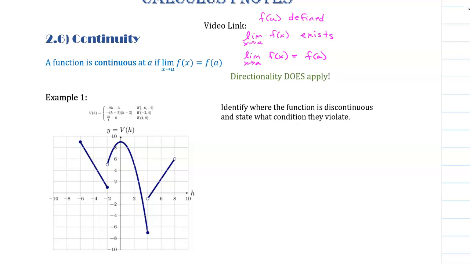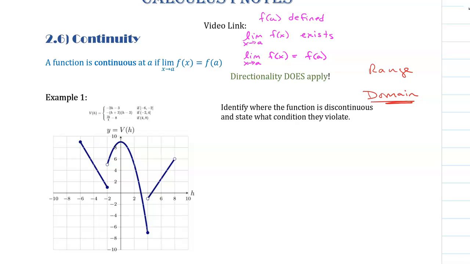So what does discontinuous mean? Well, there's a couple of different ways you can think about it. Most cases they're talking about the domain, but you can also talk about the range. Most cases, though, it's the domain that they're really talking about, the x's in particular.